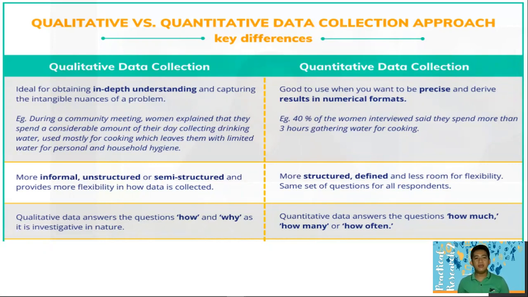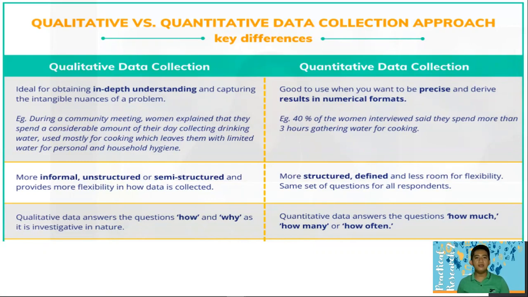Qualitative data answers the questions how and why, as it is investigative in nature. Here, you go deeper with the explanation. How, why. So there are different answers to be given.